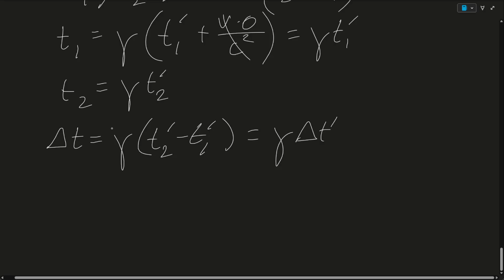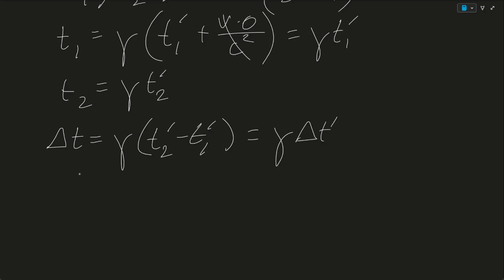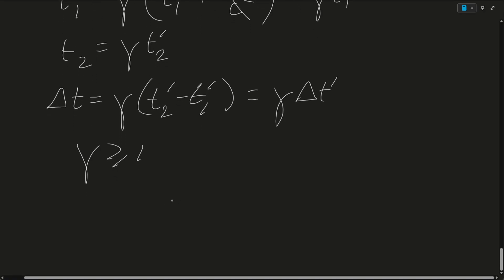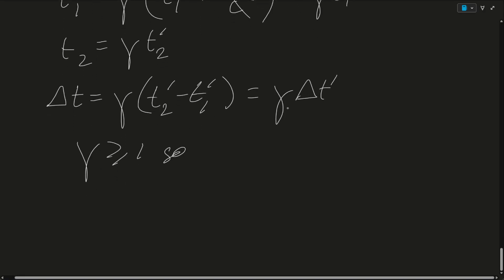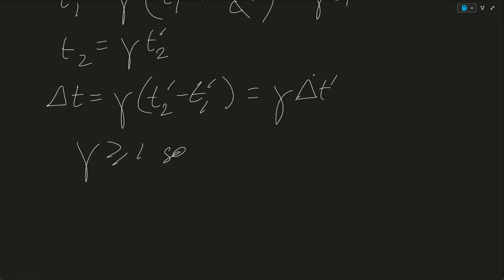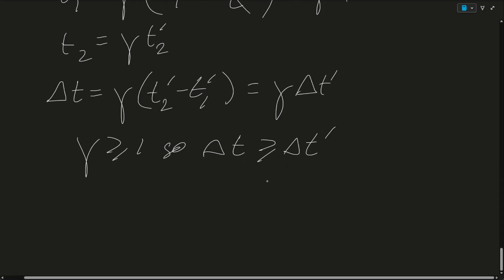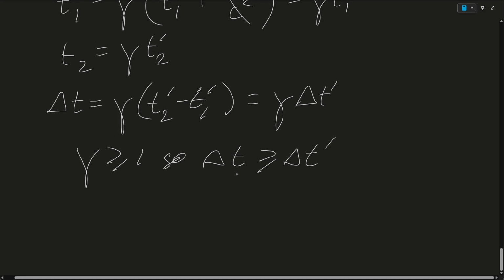So that's interesting. We can at least say a few things here. The first thing is that gamma is greater than or equal to 1. So if delta t is some multiple of delta t dash, that means that delta t is greater than delta t dash, or equal to, in the case that gamma is 1.